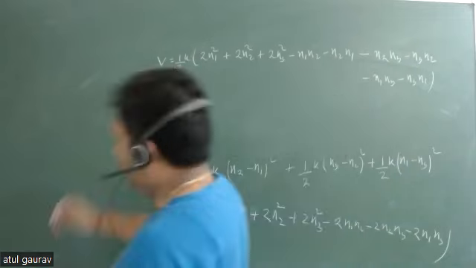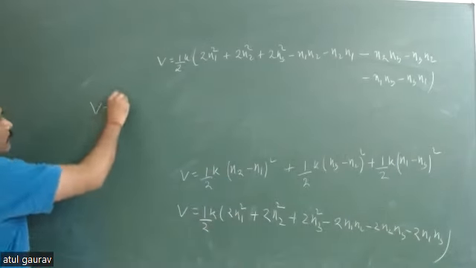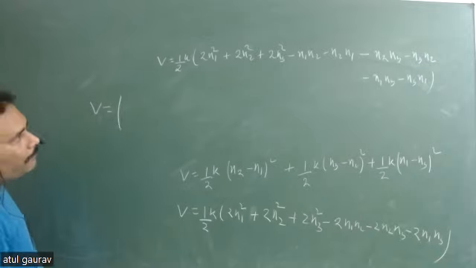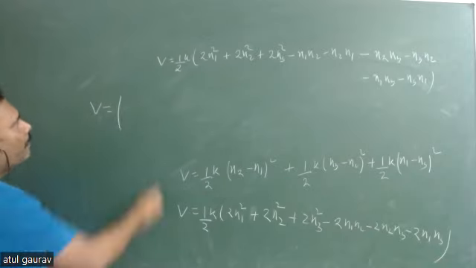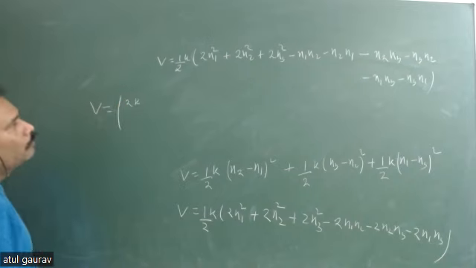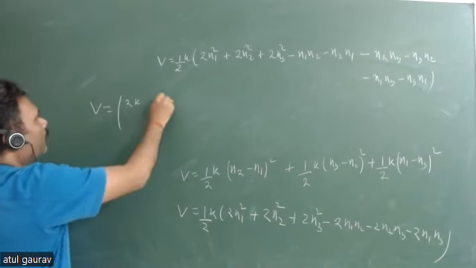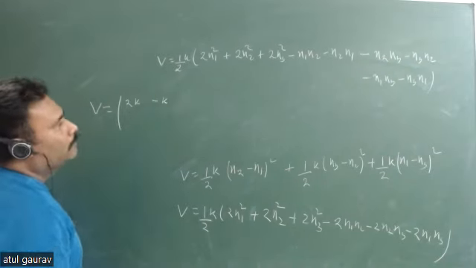Okay. Now, what is my V matrix? Just tell me. First term, (1,1) is 2k. (1,2) minus k. Very good. (1,3) minus k.